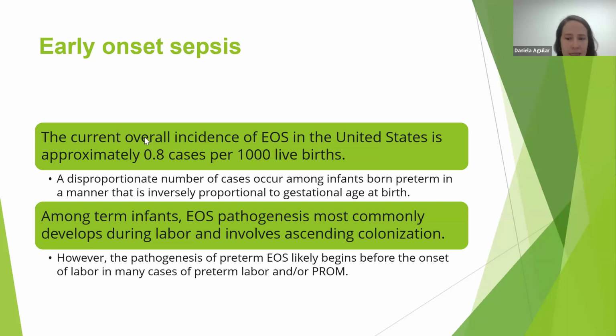Among term infants, early onset sepsis pathogenesis most commonly develops during labor and involves ascending colonization. However, the pathogenesis of preterm early onset sepsis likely begins before the onset of labor in many cases of preterm labor and/or prolonged rupture of membrane.